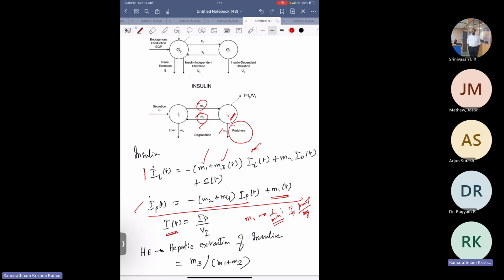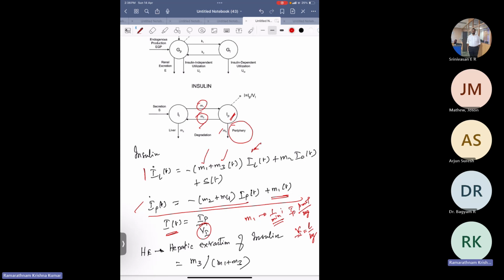Usually concentration is expressed in terms of volume, and so VI is a distribution volume, that is, liter per kg.